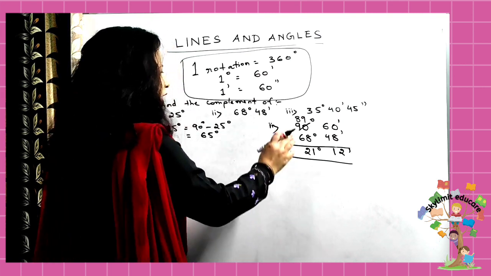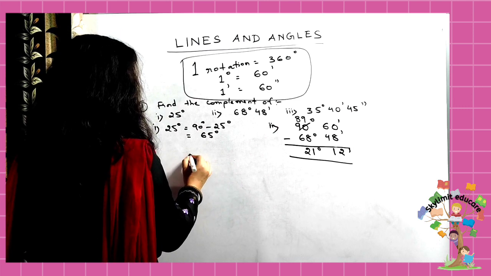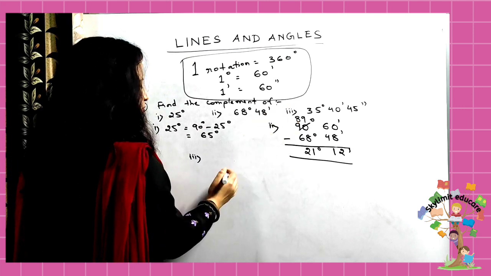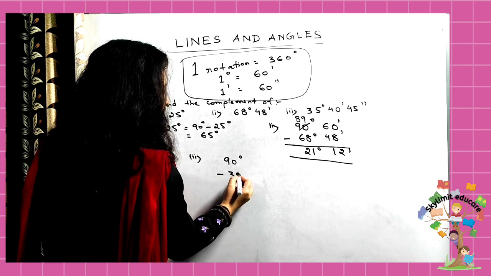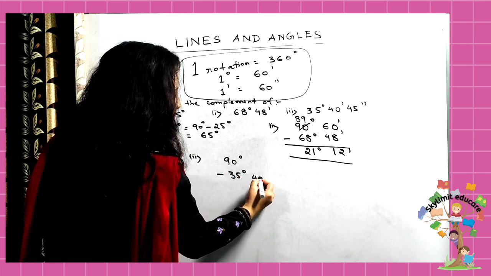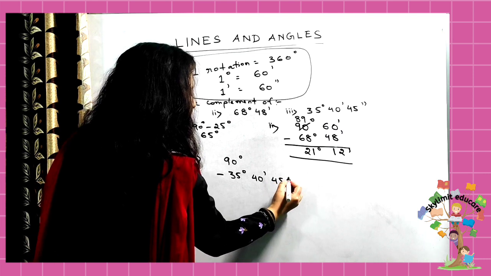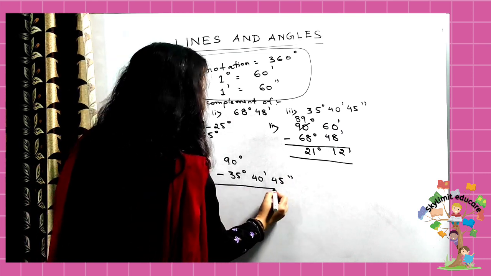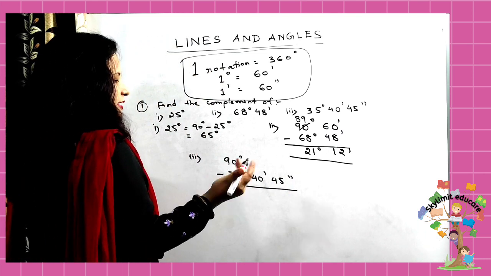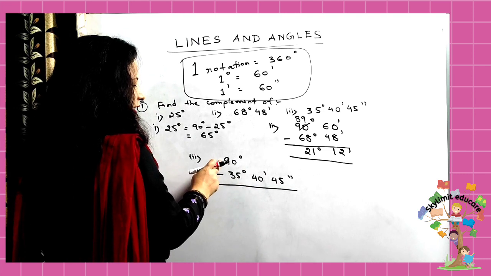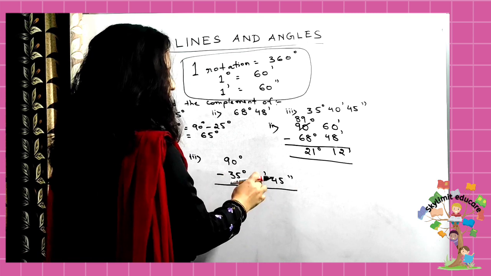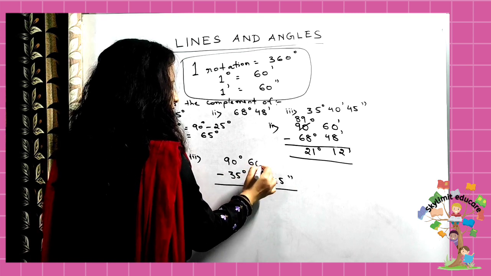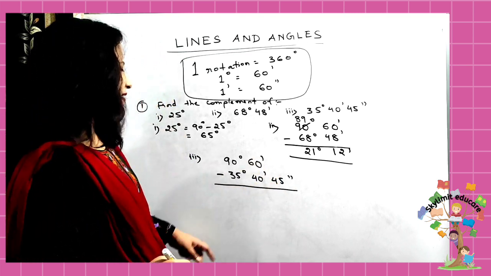Clear, students? Now let us come to the third bit. Here also you are going to do the same thing. Subtract from 90 degrees: 90 degrees minus 35 degrees 40 minutes 45 seconds. Here also we will be borrowing 1 degree to the minute column. When you bring 1 degree to the minute column, it becomes what? 60 minutes, right?